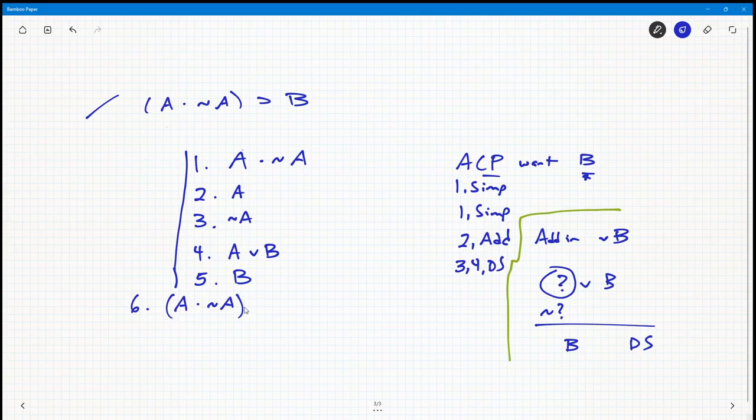In this case, stick parentheses around it because it is a complex compound. Stick a horseshoe after that assumption and copy over whatever the last line of the subproof was. And of course, we cite the entire subproof and rule CP. And we've proven our theorem. We've proven that sentence from 0 premises, which proves that it is a theorem.